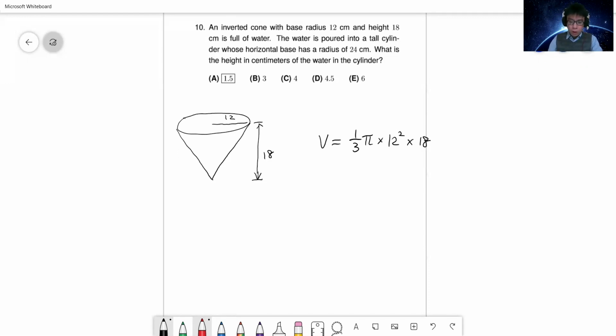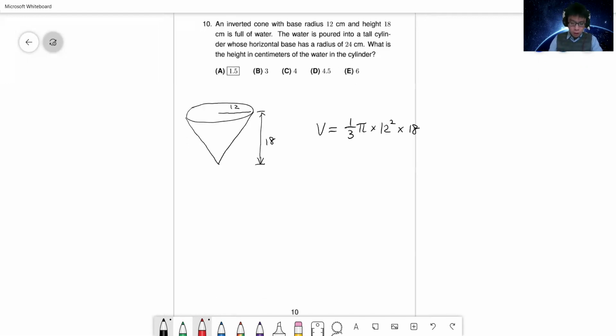So we pour this water in a cylinder with base radius 24. This is supposed to be a fat cylinder with radius 24. Suppose the height is h.